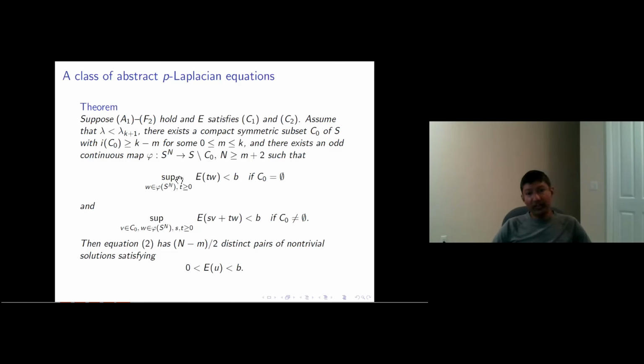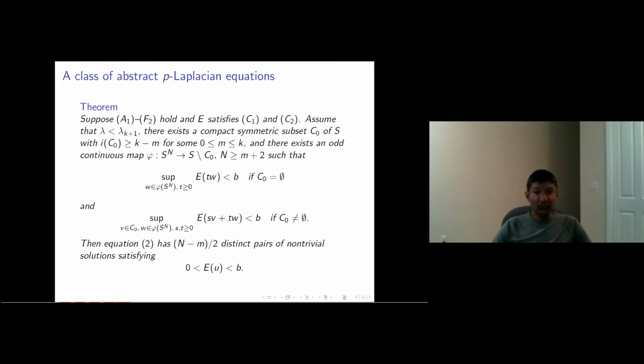So the first inequality says that if C0 is empty, then the supremum of E on all line segments passing through points on the image of phi is smaller than B. Remember that this B is the number that appears in the compactness condition C2.